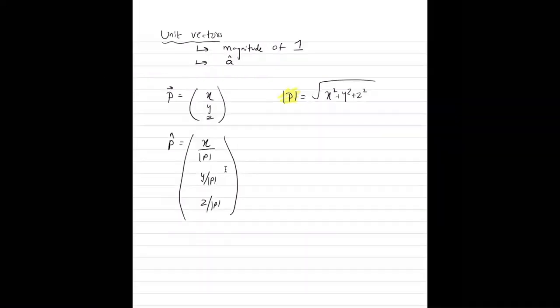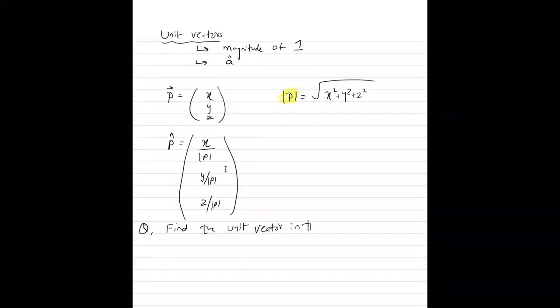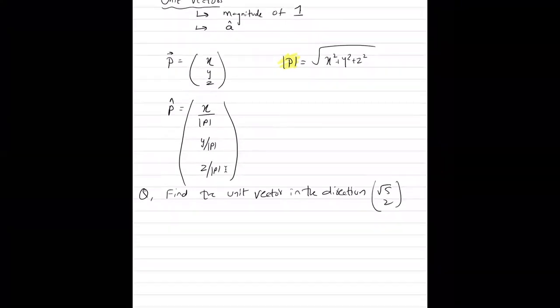So for example, if you're asked to find the unit vector in the direction of root 5, 2, it's a 2D vector. First find the magnitude of this vector.